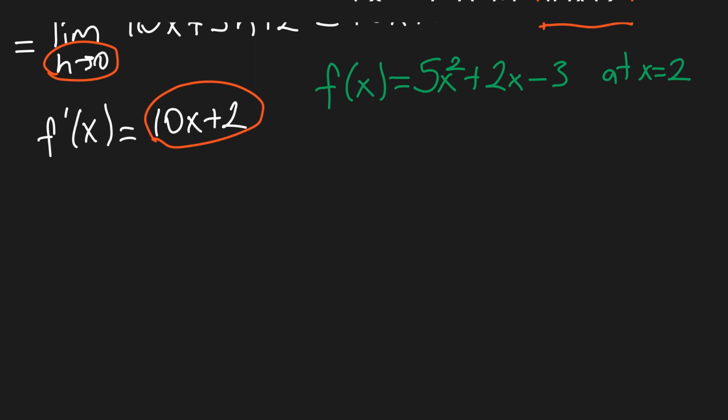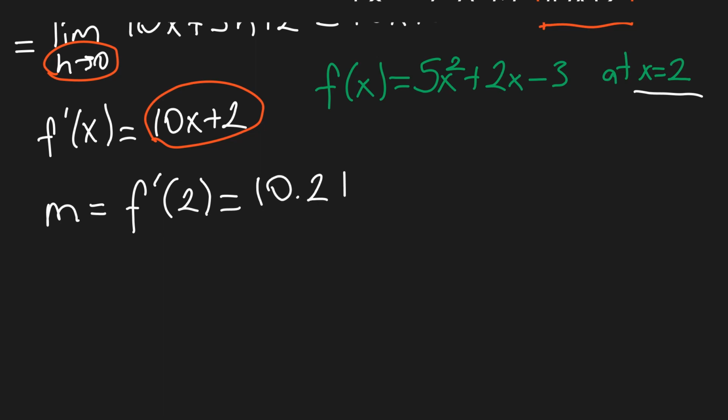So f prime of 2 gives us the slope of the line tangent to the curve at the point x equals 2. Let's substitute, and we got 22.